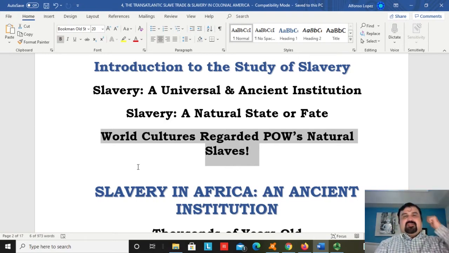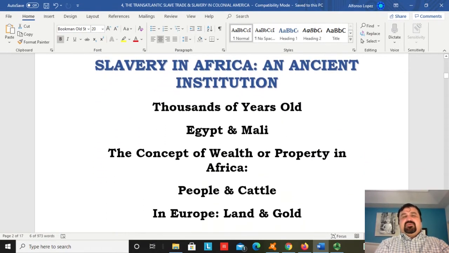So now that we understand slavery in the ancient world, let's proceed to look at slavery in ancient Africa. Not that looking at slavery in other regions is not important, it's crucial, of course, but we have to understand slavery in Africa in the ancient world, because it is precisely from Africa that the slaves who will be brought to the Americas through the slave trade are coming from.